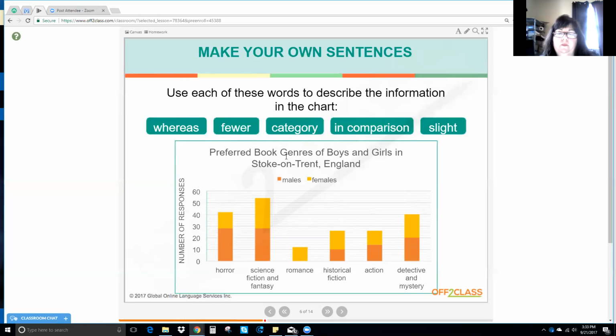Okay, there are 6 categories. Okay, so each of these is a category.